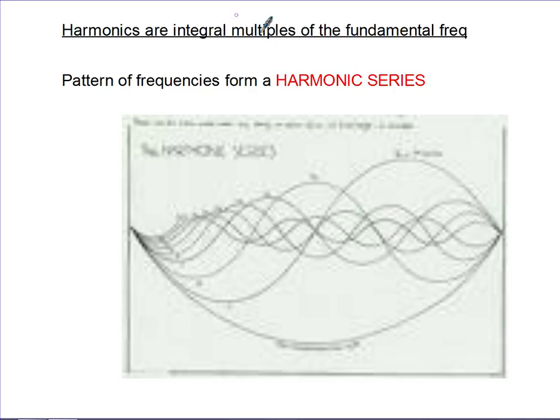Now, harmonics, as I mentioned, are integral. Integral means 1, 2, 3, 4, 5, multiples of the fundamental. And these patterns that we get are called the Harmonic Series, which is an entire branch of physics. So you see there's the first antinode, 2, and so on.